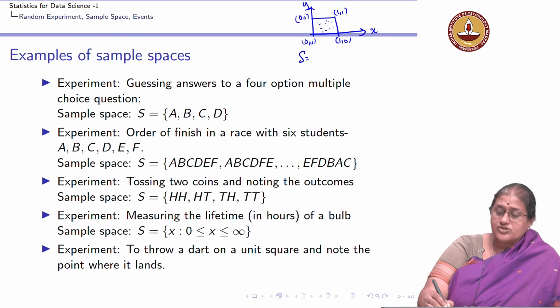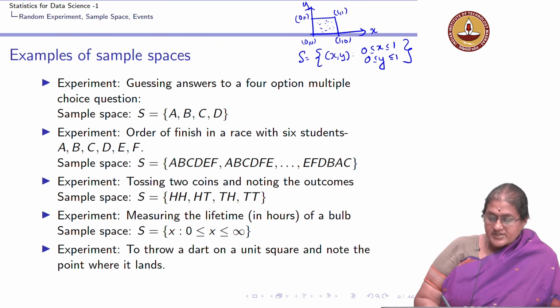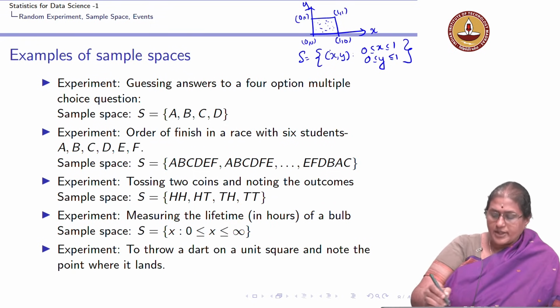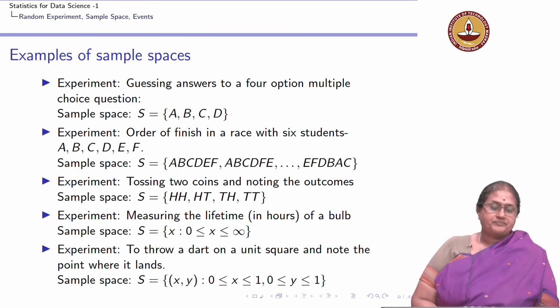So, my S is going to be the set of all ordered coordinate points (x, y) such that 0 is less than or equal to x is less than or equal to 1, and 0 is less than or equal to y is less than or equal to 1. That is my sample space, which is nothing but all the points enclosed within the square.